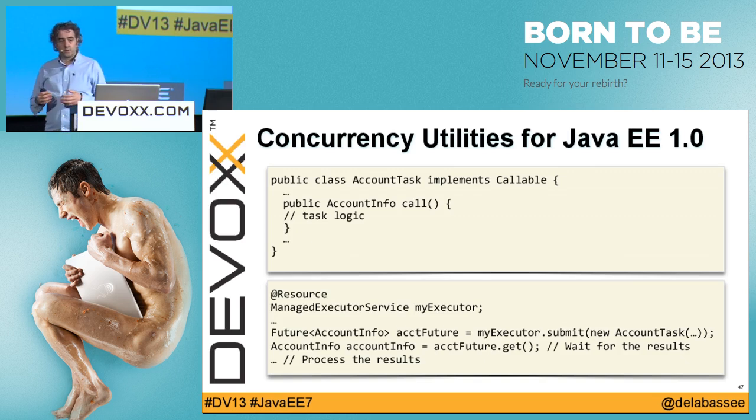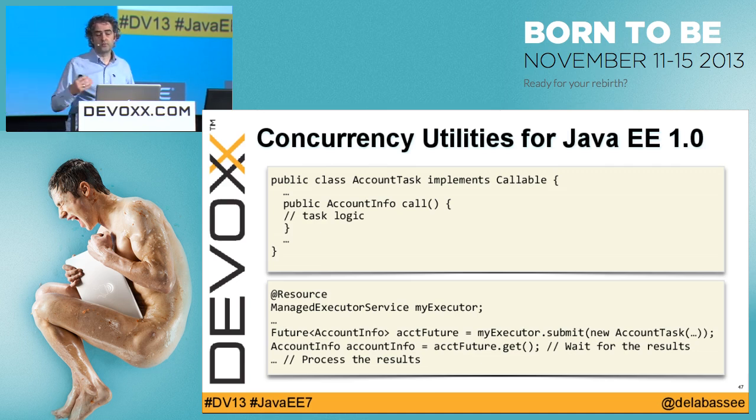So how it works: you see at the top of the slide, I have an account task that implements the Callable interface, and I have one method, the call method, and that's where I have my business logic. So this is, I would say, pure java.util.concurrent code. At the bottom of the slide, we are in a Java EE environment, so I can inject my executor service. In this case, it's a managed executor service. And I will just submit my task to that executor service.